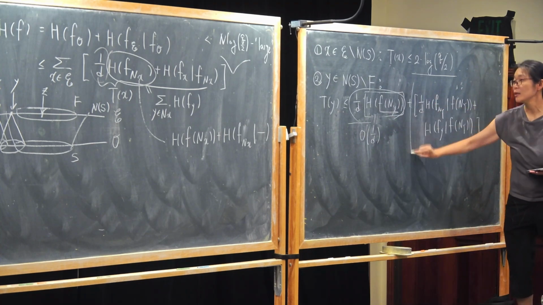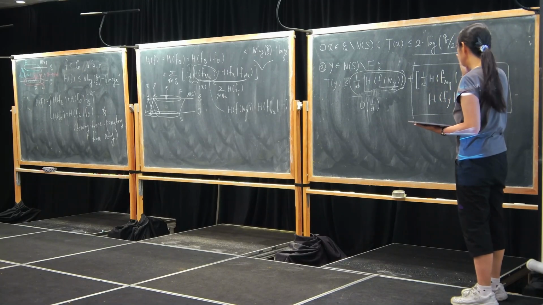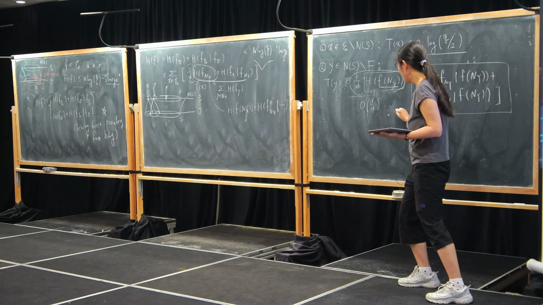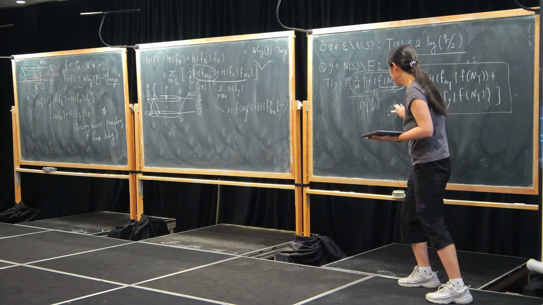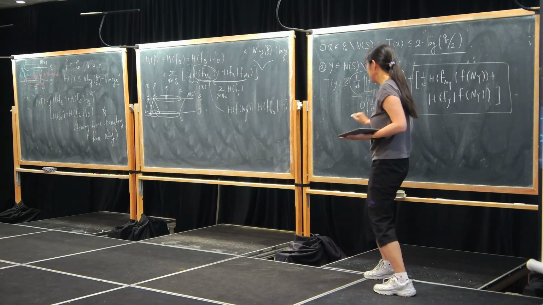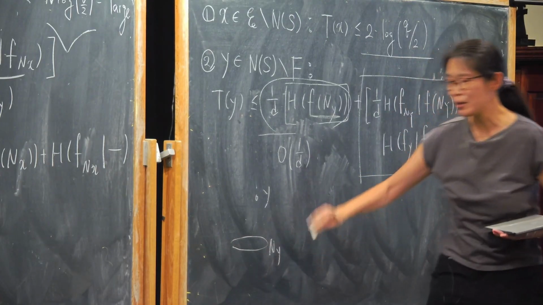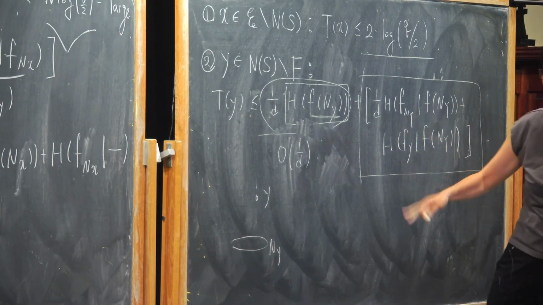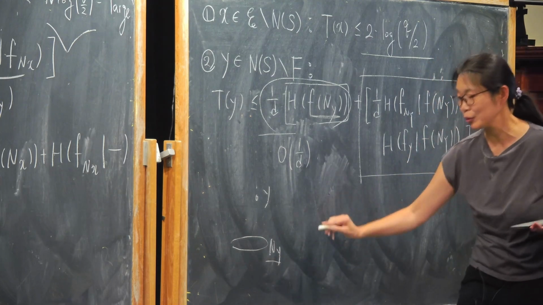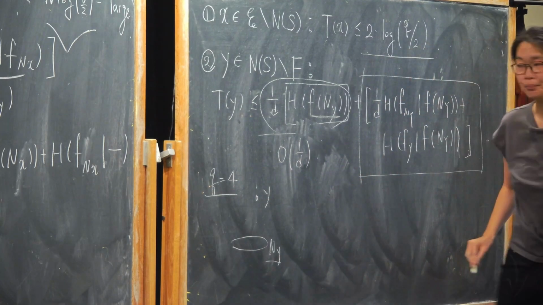Then how about this? For this, we have to remember our discussion for the independent sets. There, we looked at y and we looked at its neighborhood. For now, let's assume Q is 4, just to simplify the discussion.